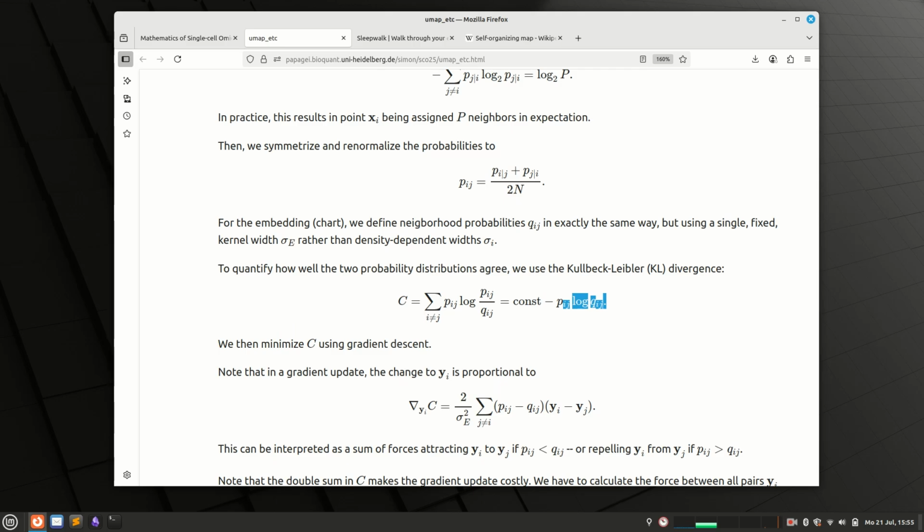Remember, we don't calculate the Qijs. We are given the Pijs, the neighborhood probabilities in feature space, and we calculate this once at the beginning, before we start our optimization. And then we do our gradient here. And in this gradient, for each gradient step, we have to calculate for each point where it should move. And so we get the gradient of this thing.